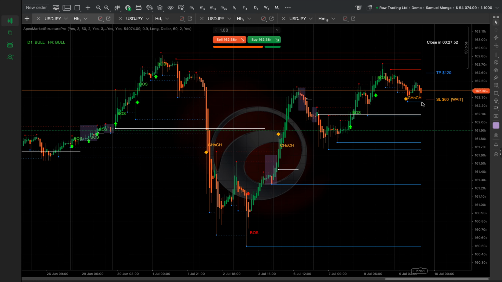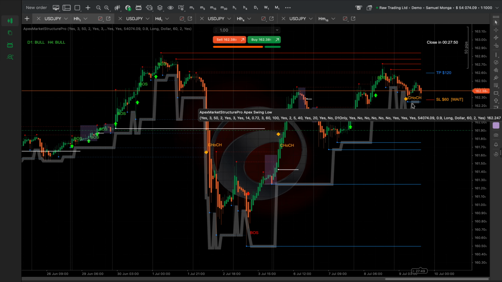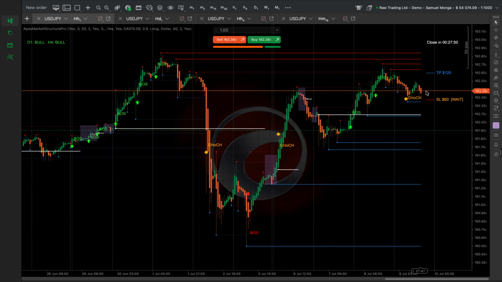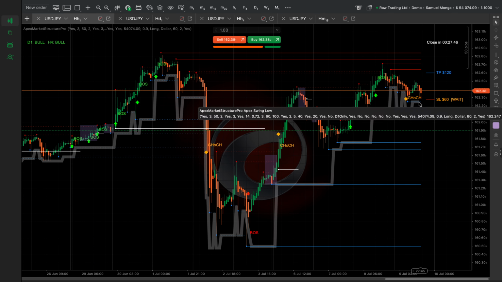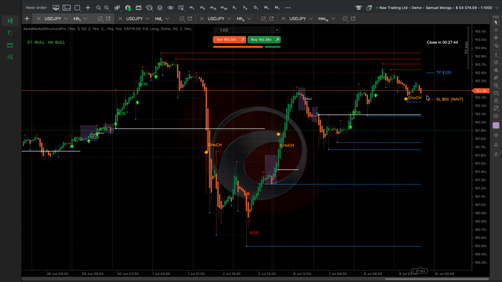There is a pool of stop loss here, a liquidity line which they may come and take before moving. So if you enter at this moment, it tells you to please wait, because your stop loss is a little bit higher and this is going to catch it.